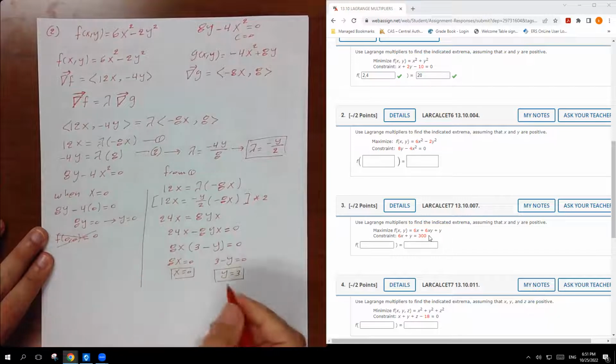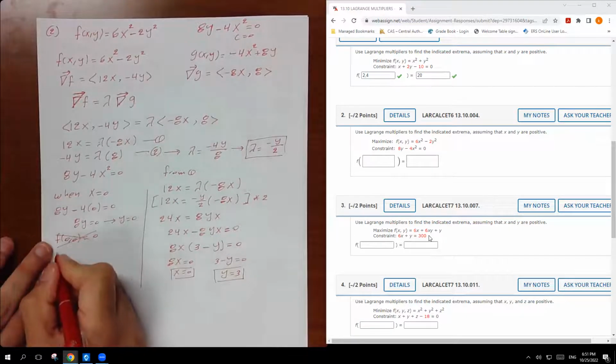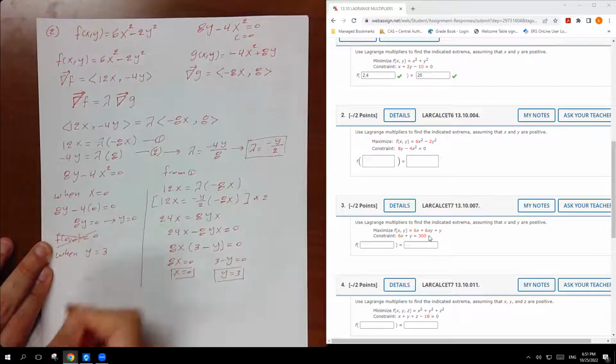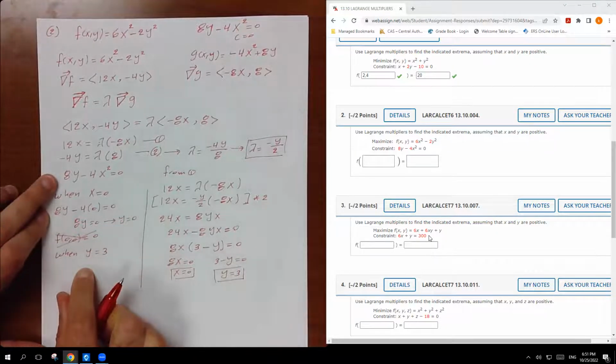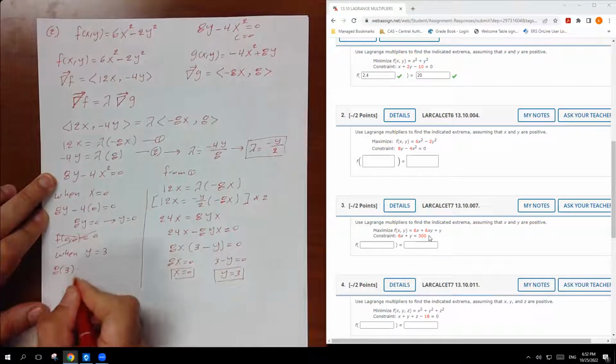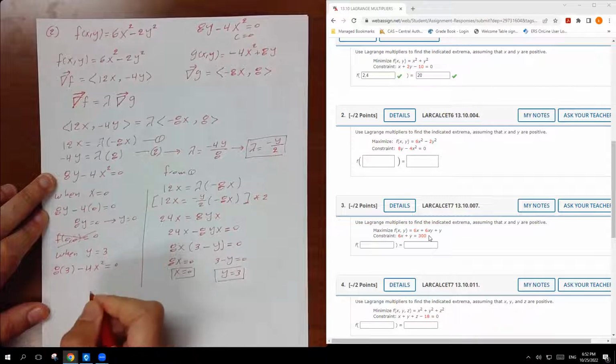When y equals 3, you're going to plug in a 3 here. That means 8 times 3 minus 4x squared equals 0.